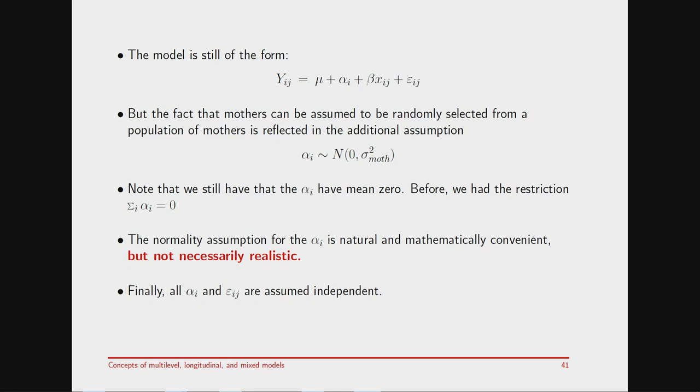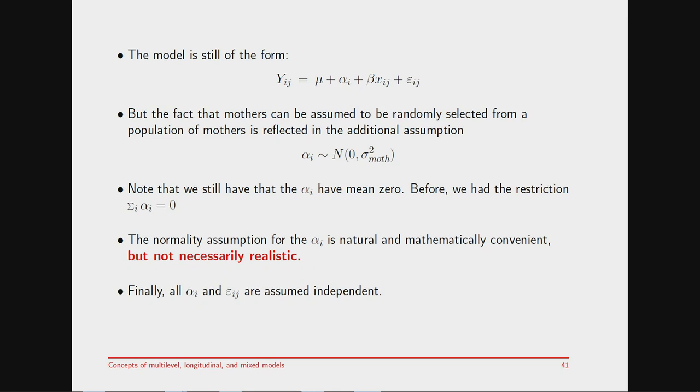And the moment you say random, it means there is some distribution behind it. You can come up with many different distributions, but the most convenient one, I'm not saying the most realistic one always, but by far the most convenient one, is again a normal distribution.